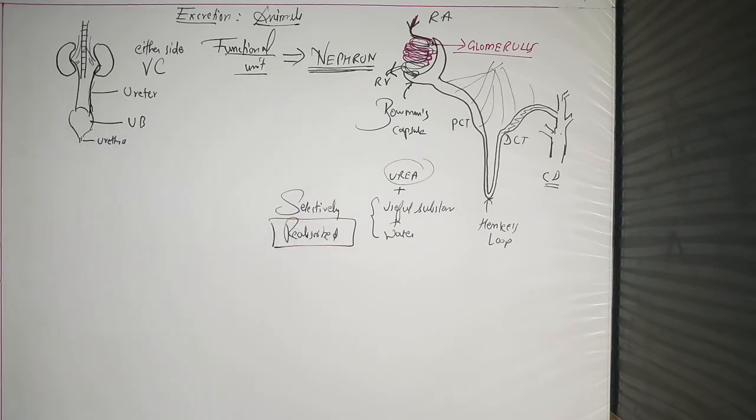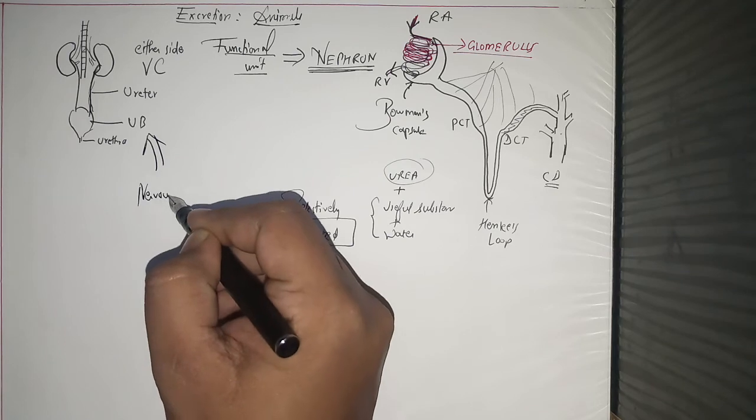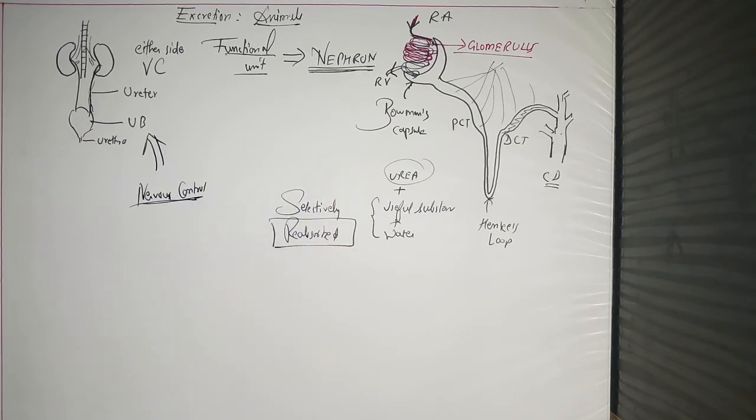Whenever someone says bladder, it means something which holds something. So the urinary bladder holds urine. And you know what? The urinary bladder is under nervous control, and that's why we can control our urge to urinate.